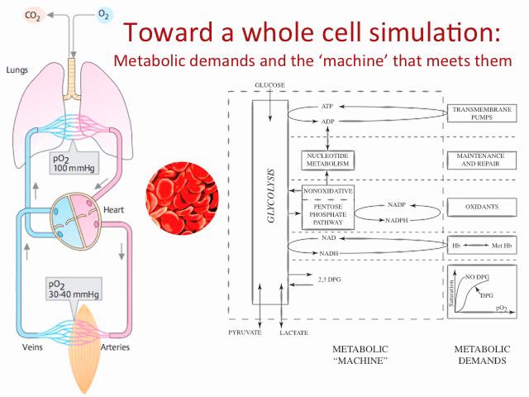So you see on the far right, we have the loads on the cell, or the demands. I mentioned the transmembrane pumps that need to be driven, mostly the sodium-potassium pump. Nucleotide metabolism is involved in maintenance and repair, maintaining the AMP level.